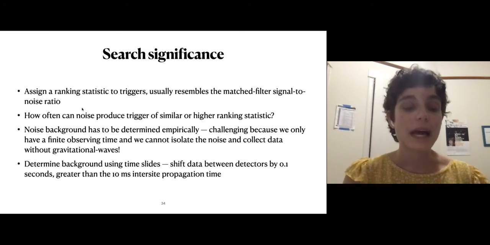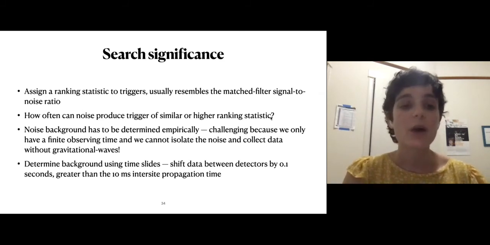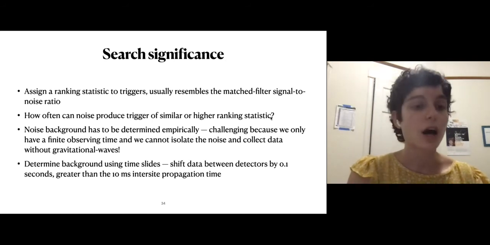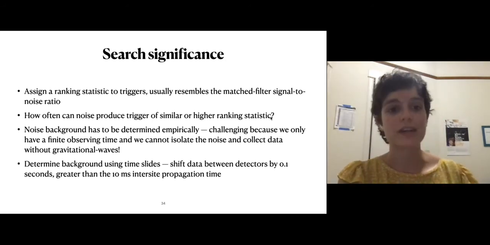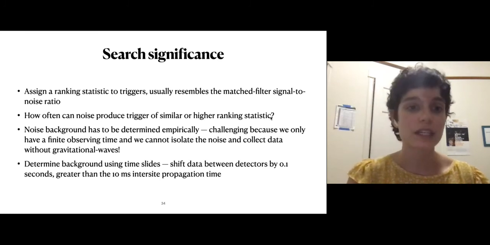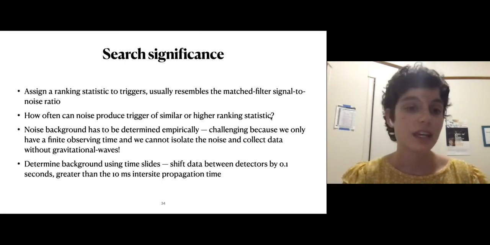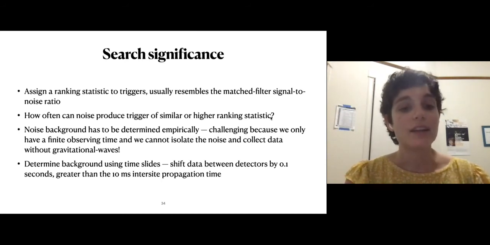And to answer this question, for calculating the optimal signal to noise ratio and everything, we've just assumed that our noise is stationary and Gaussian. But if you want to actually calculate the statistical significance of triggers, you have to take into account the deviations of the noise background from stationary and Gaussian noise.